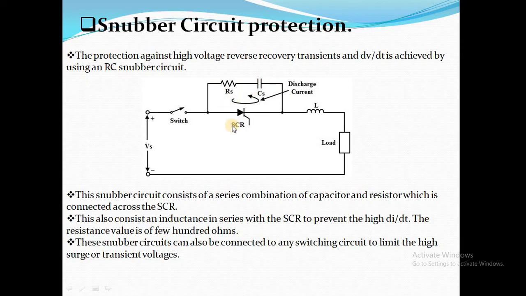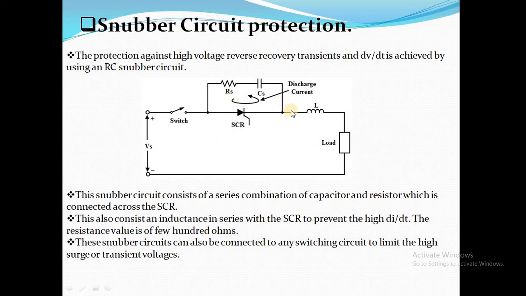So this over voltage fault can be protected by using the snubber circuit. Basically, a snubber circuit is the series combination of R and C, and this series combination is connected in parallel with the conducting SCR, which is going to be protected here.